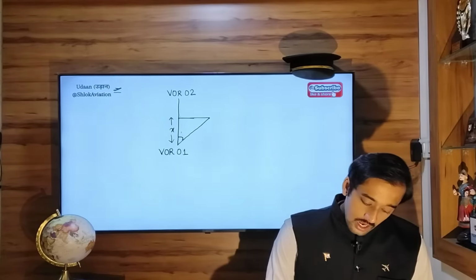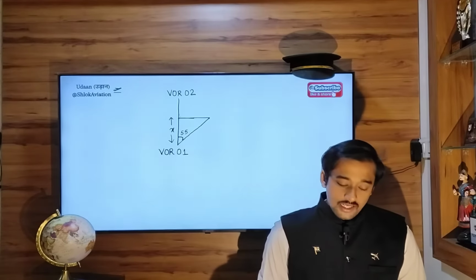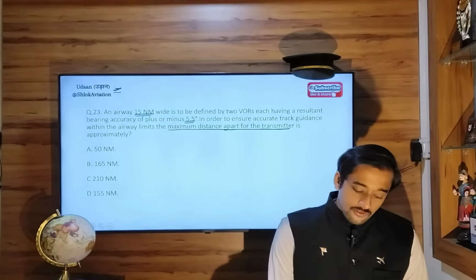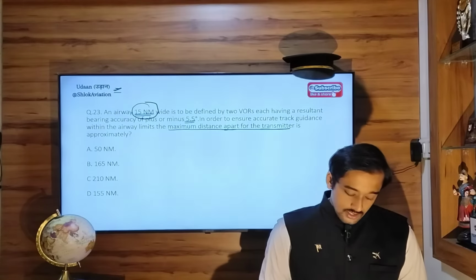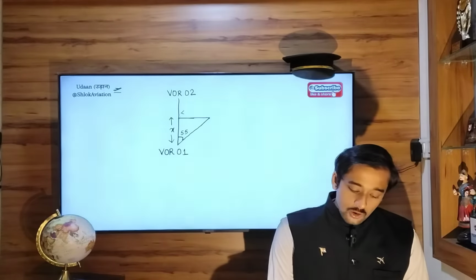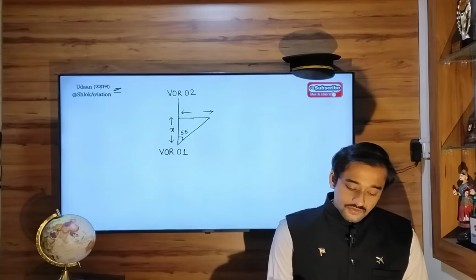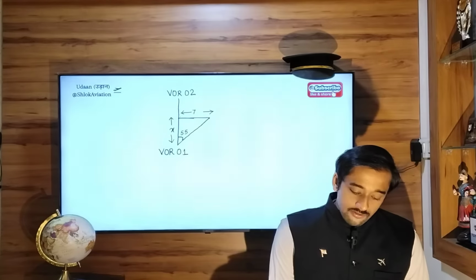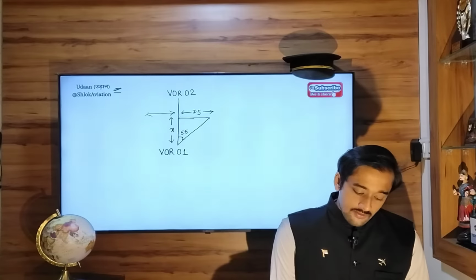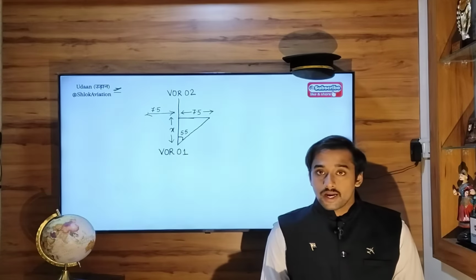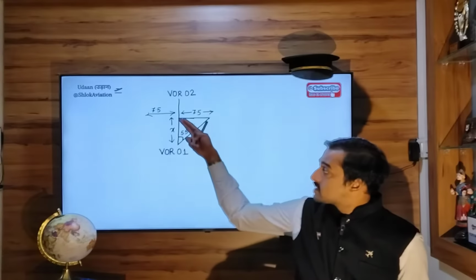So this is 5.5. The airway is how many nautical miles wide? It is 15 nautical miles wide. So 15 nautical miles wide means over here it is 7.5 miles wide. On this side of the center line, it will be the same, 7.5 nautical miles wide. And now let's find this distance.